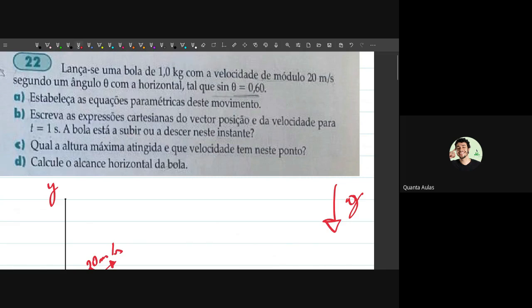So we have this information. This information is very important. The modulus, the absolute value of this velocity, is 20 meters per second.